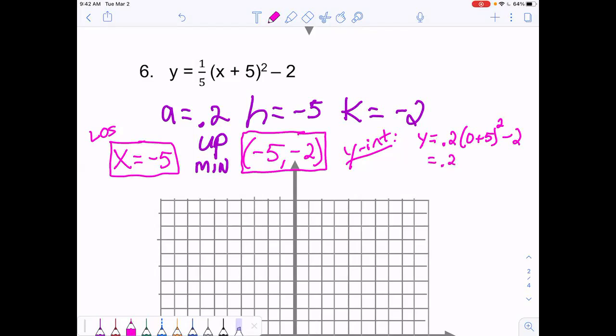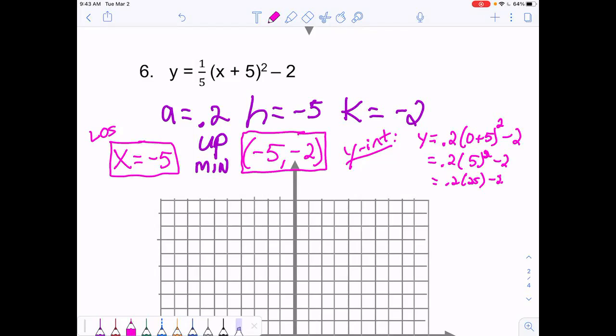So then you just go real quick. 0.2 times 5 squared minus 2. Mr. TJ, what is 5 squared? Yeah. Minus 2. And then now we get a little bit trickier because half of 25.